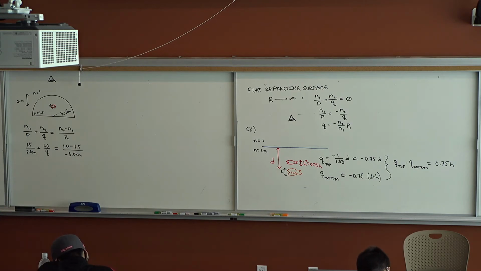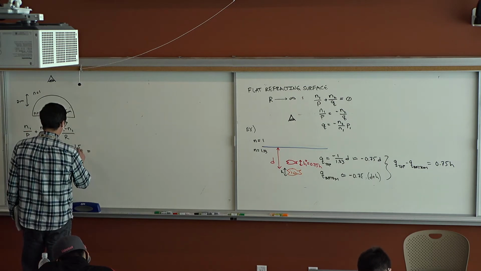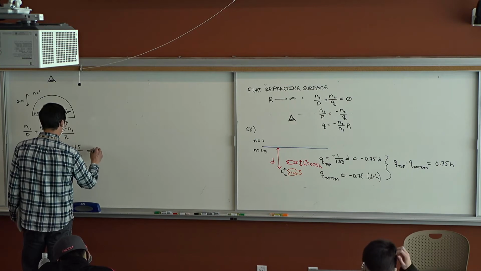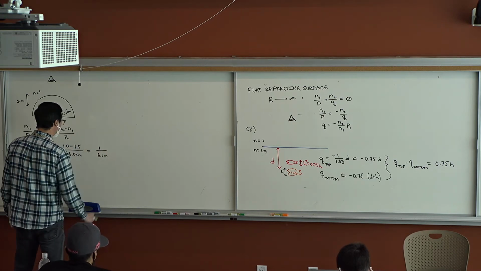And so we have minus half over 3, which is like 1 over 6, I think. Did I get that right? Yes.